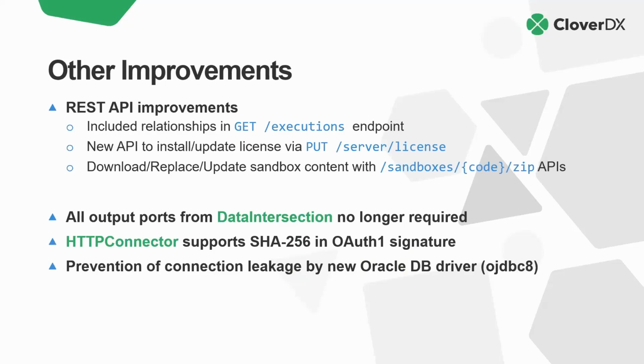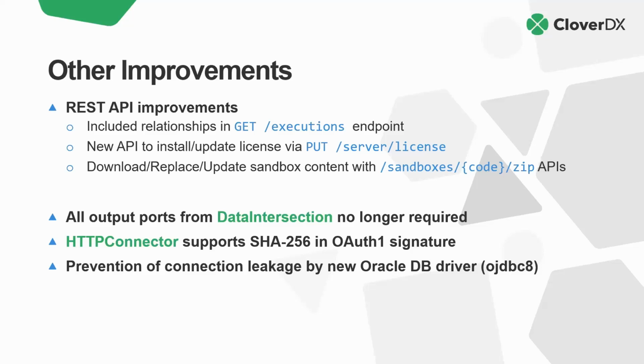Now, other improvements: I promised at the very beginning that I'd mention a couple of REST APIs which we added. The first one is basically changing an existing one. With executions, you will now have access to relationships, meaning you can refer to an execution's parent and children directly from this API as a response from the server.